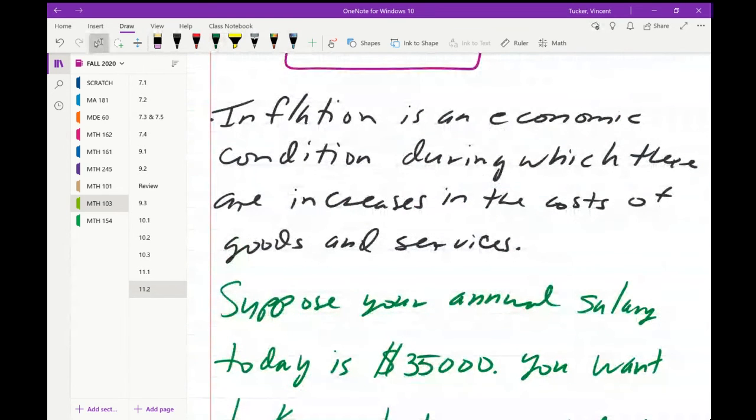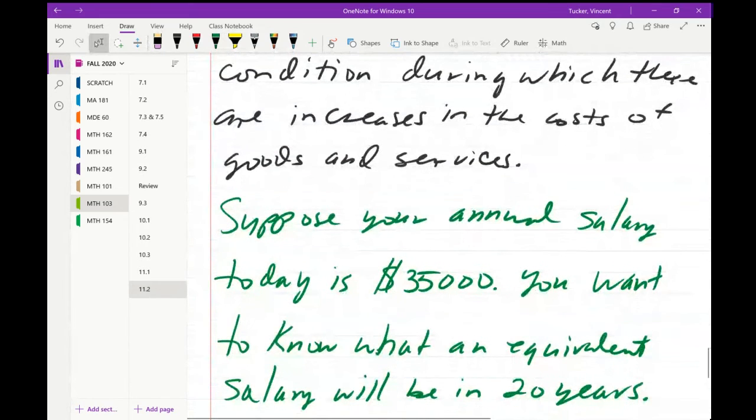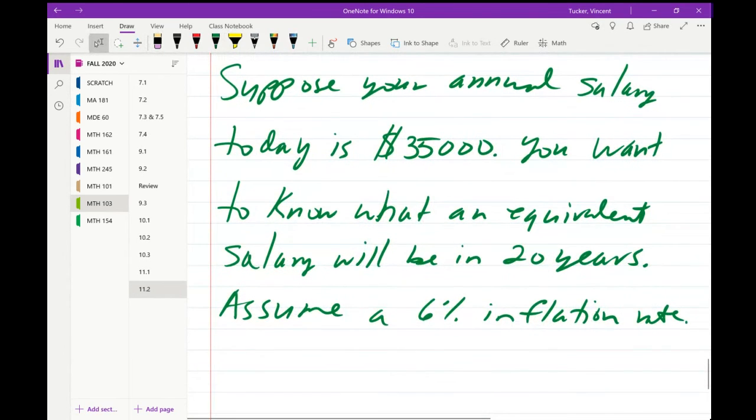All right, so inflation is an economic condition during which there are increases in the cost of goods and services. So suppose your annual salary today is $35,000. You want to know what an equivalent salary will be in 20 years, assuming 6% inflation rate.